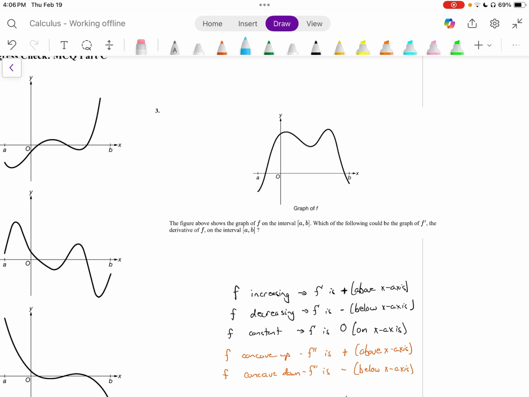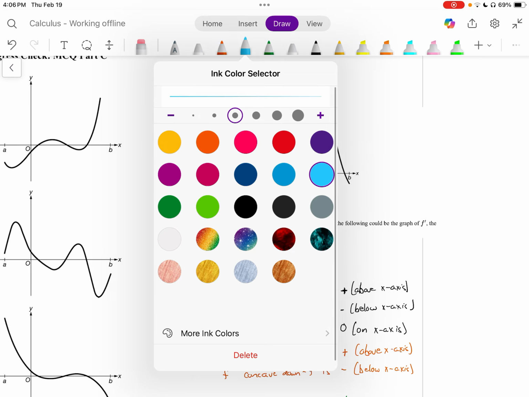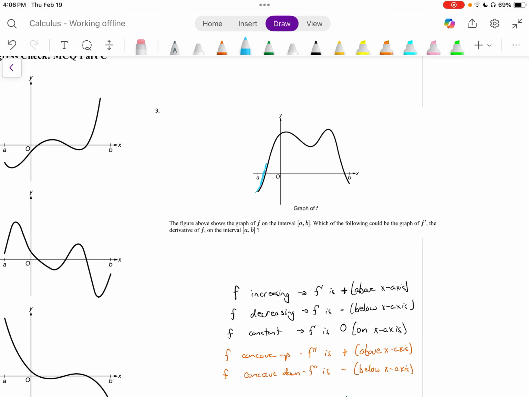We have it's increasing up to a little bit after 0, and then it's a maximum, and then it's decreasing. Maybe I should do all these in the same color. So this is decreasing, a minimum, blue is increasing, a maximum, orange is decreasing.